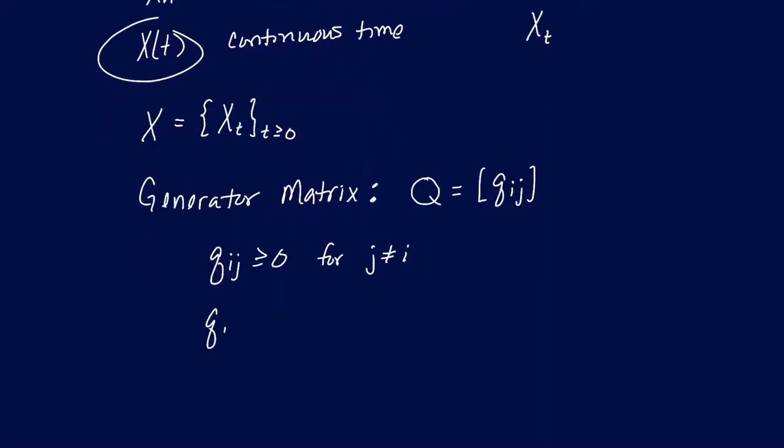So the rate of staying at state i, if you will, is the negative sum over all j not equal to i of Qij. We're running across that ith row and summing everything else, taking its negative and putting it on the diagonal. And that shouldn't be new to anyone.